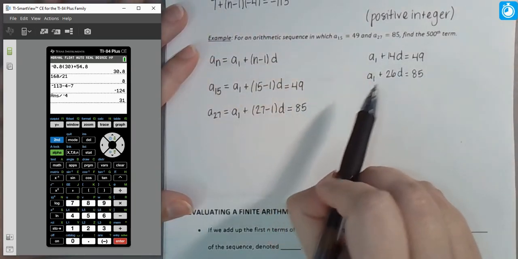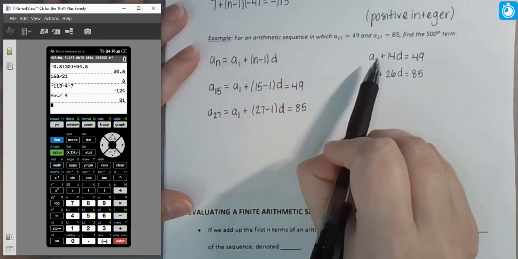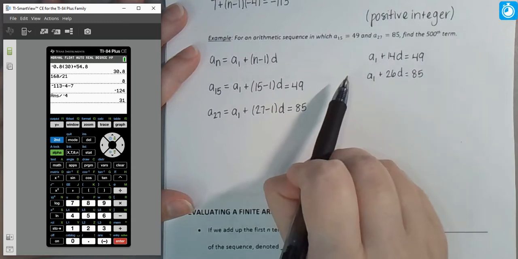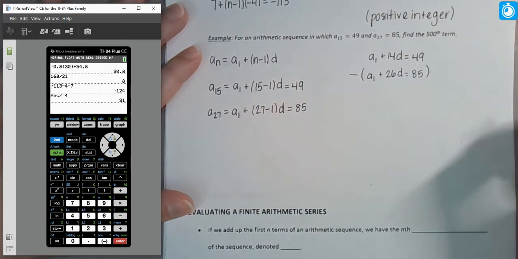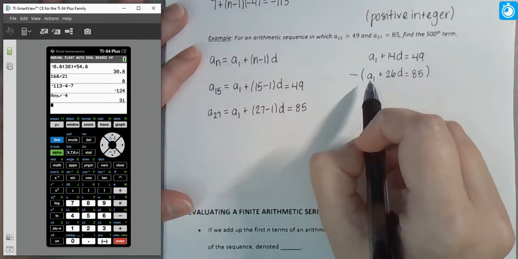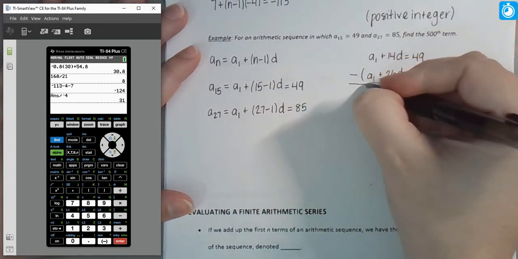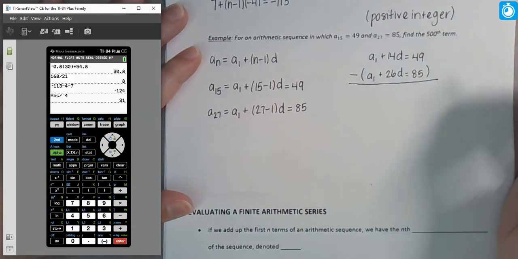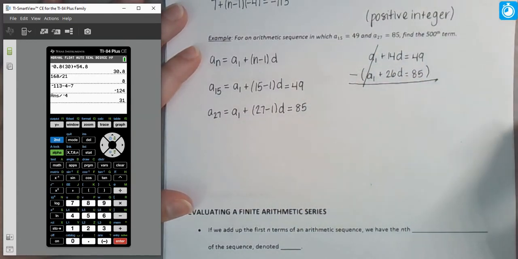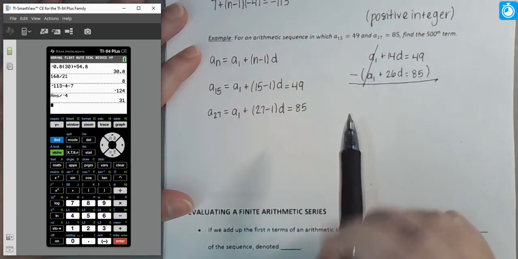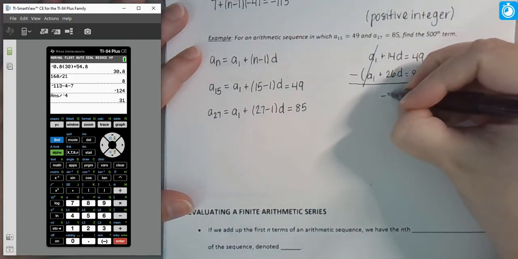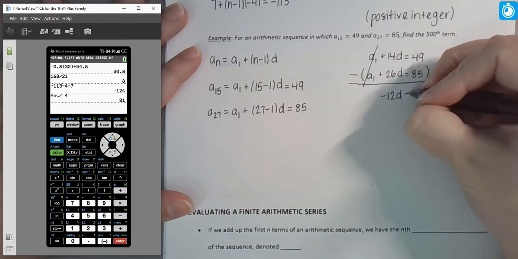All that we need is for one of them to be negative. So if we have a positive A1 and then we subtract everything in the next equation, then we can get those two terms to cancel out and we can eliminate them. So if I subtract everything, my A1s are going to go away, and then I'm going to have 14D minus 26D, which would give me negative 12D.